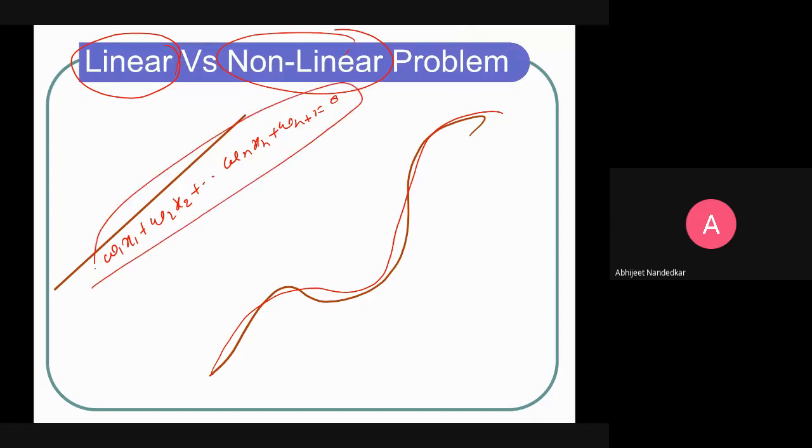This equation is going to just draw a line or a plane. To make this kind of a line, I may require something else, maybe w2x2 square and so on. So to make such decision boundaries is a difficult thing.